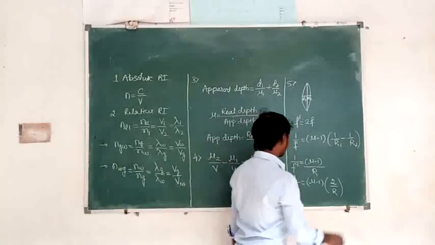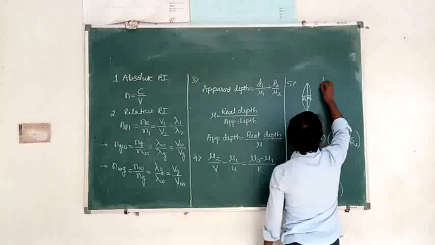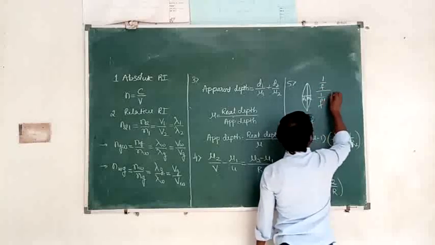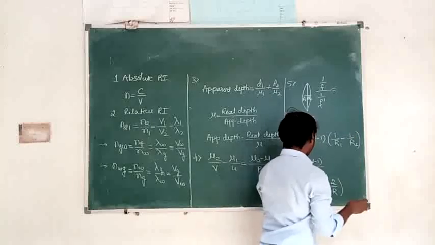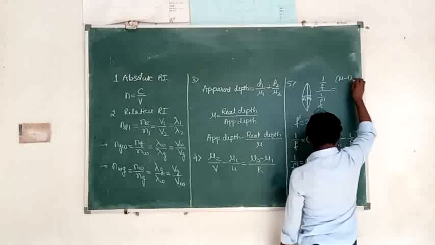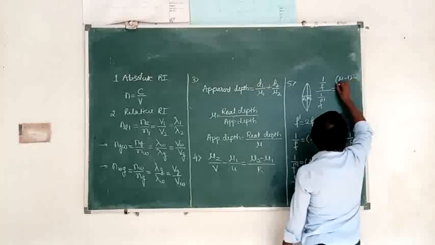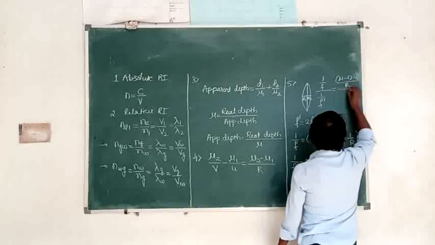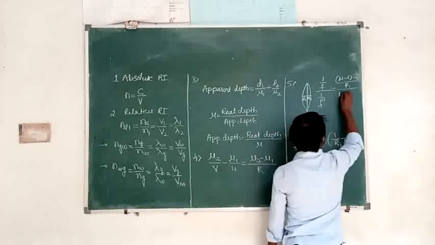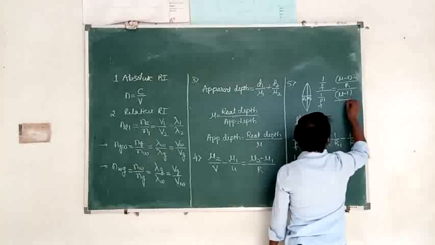Dividing these two terms, 1 by f divided by 1 by f dash. What is 1 by f here? 1 by f is mu minus 1 into 2 by r. Then what is 1 by f dash here? Mu minus 1 divided by r. What gets cancelled here?